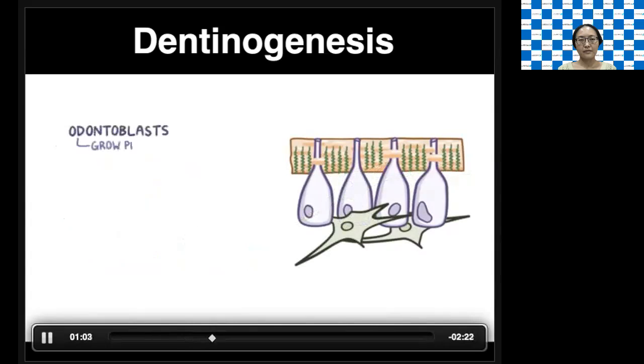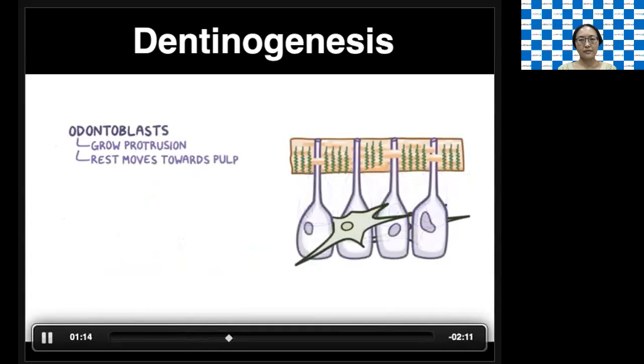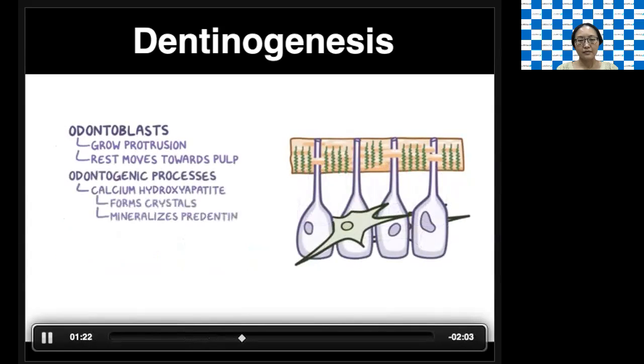Odontoblasts do this by growing a protrusion from themselves, which stays in place, embedded within the matrix, while the rest of the cell moves toward the center of the tooth, toward the pulp. These hair-like protrusions are called odontoblastic processes, and they secrete calcium hydroxyapatite, which forms crystals and mineralizes the predentin.